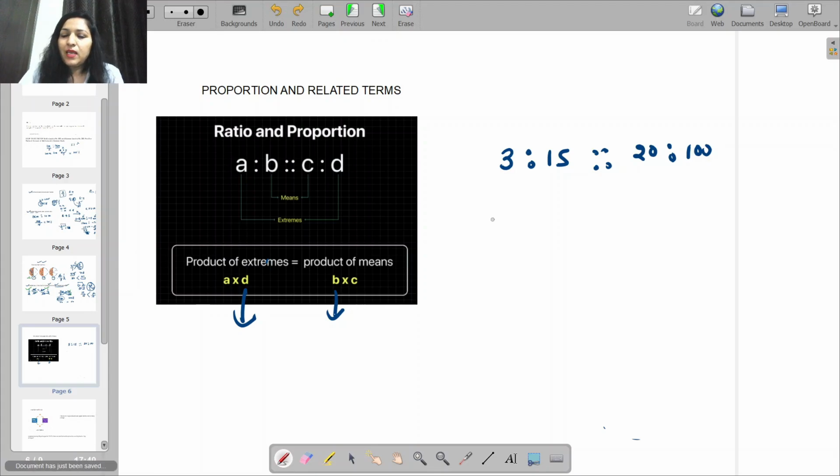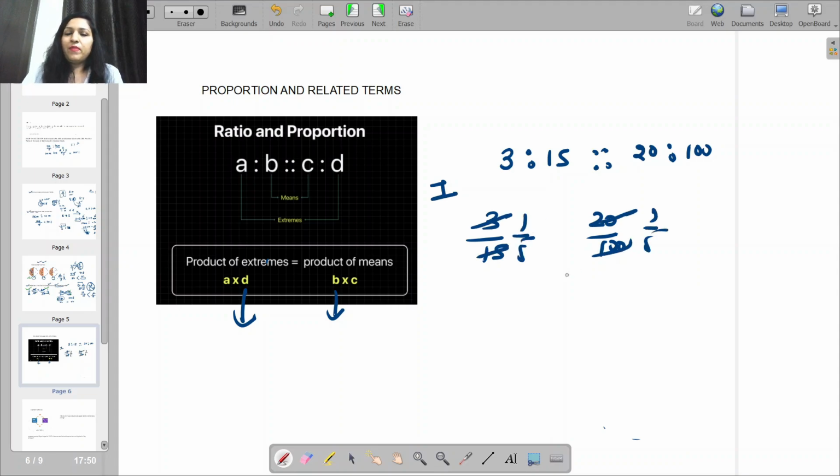Again, what will we do? Find the ratio of the first two numbers. Find the ratio of the next two numbers. This is one method. Check the simplest form of both. This is 1/5 and this is again 1/5. The simplest form of both is the same. They are equal. Yes, these four numbers are in proportion.